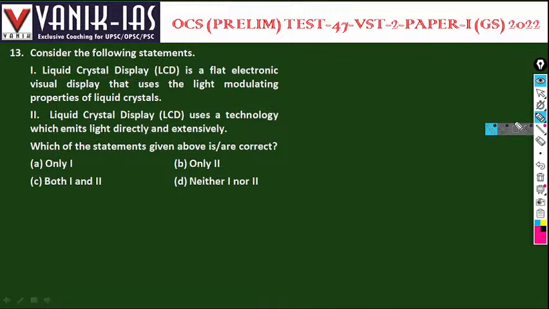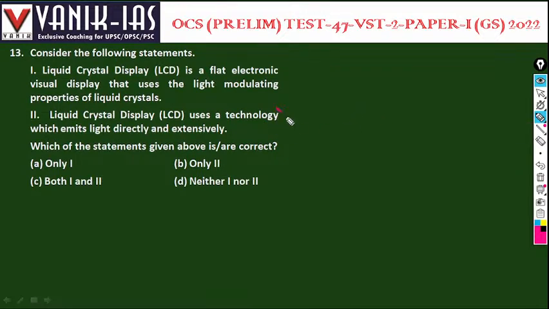Next question. Liquid crystal display is a flat electronic visual display that uses the light modulating properties of liquid crystals. Second, liquid crystal uses technology which emits light directly and extensively. Directly and extensively, that means the viewer will suffer, right?